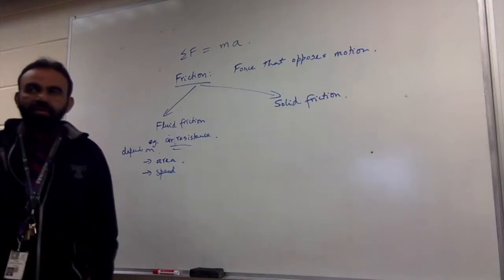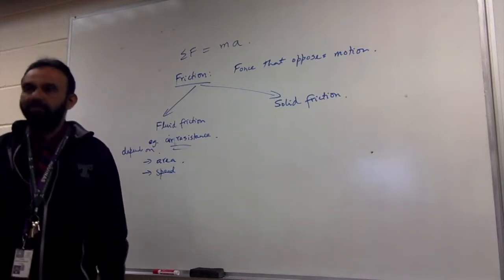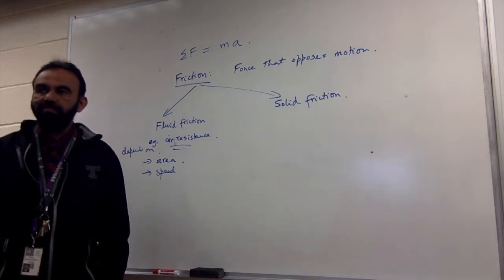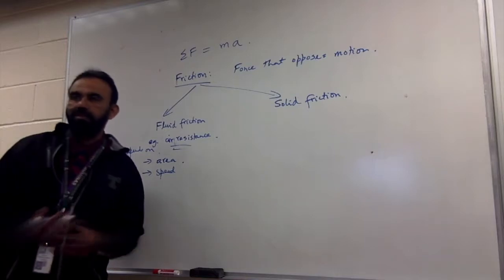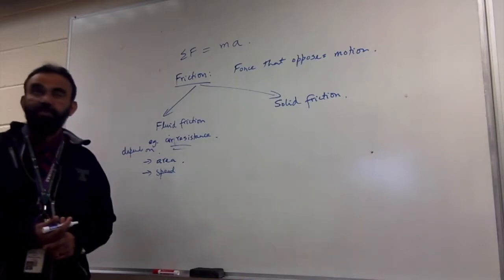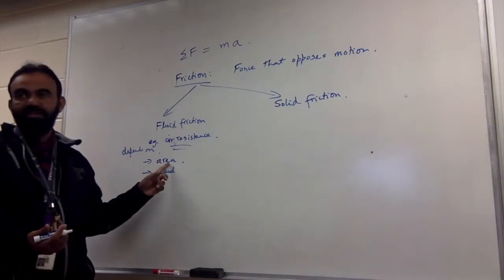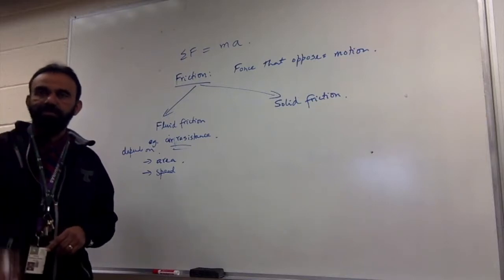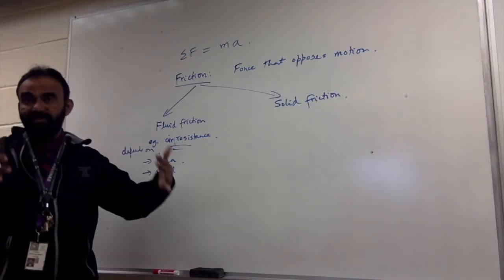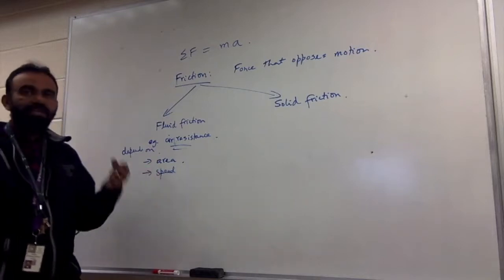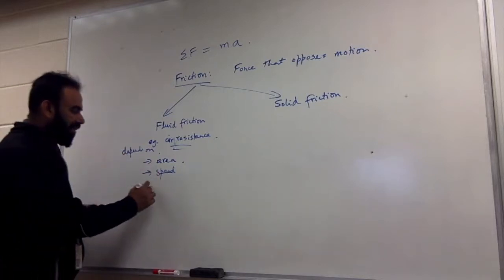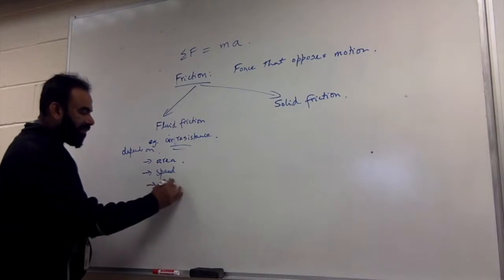If you're not moving at all, will it drag you? No. What about temperature? Temperature might affect the nature of the fluid itself, but otherwise it's not a big deal. Shape also matters. Shape takes care of the area. If it is more aerodynamic, it's easier to slide through, right? So fluid friction depends on area, speed, and the fluid itself.